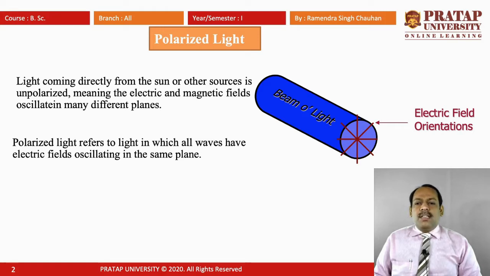But in the case of polarized light, all the vibrations are in a fixed plane, the same plane, and beyond that plane there are no vibrations. So the symmetry of the vibrations is lacking, or broken, and that is why we distinguish unpolarized light from polarized light.